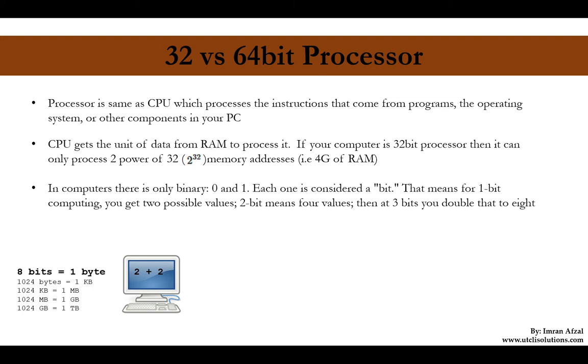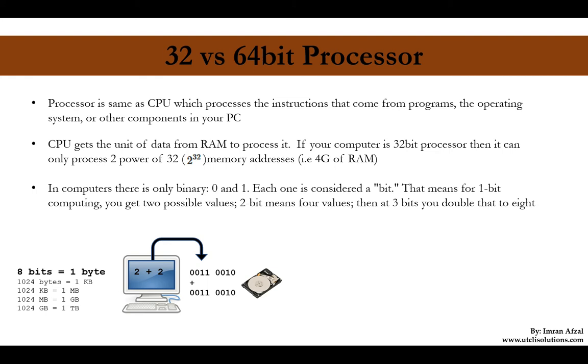So 2 has 8 bits, another 2 has 8 bits. So this is how it is right now sitting on your disk, because computer doesn't understand any other language but 0 and 1. So when we do 2 plus 2, it's basically going to do 00110010 plus 00110010.